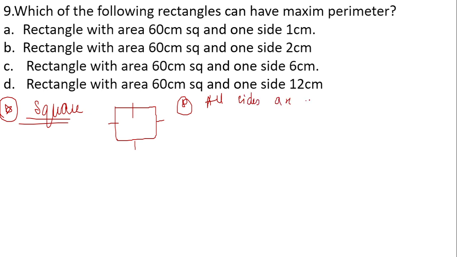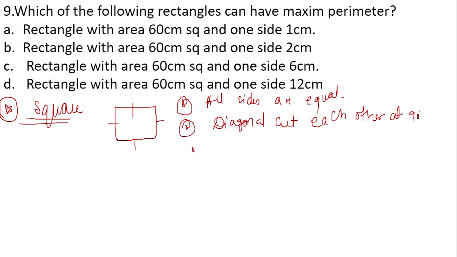The second thing you have to know regarding the square is that diagonals cut each other at 90 degree. Both diagonals are bisecting each other at 90 degree.